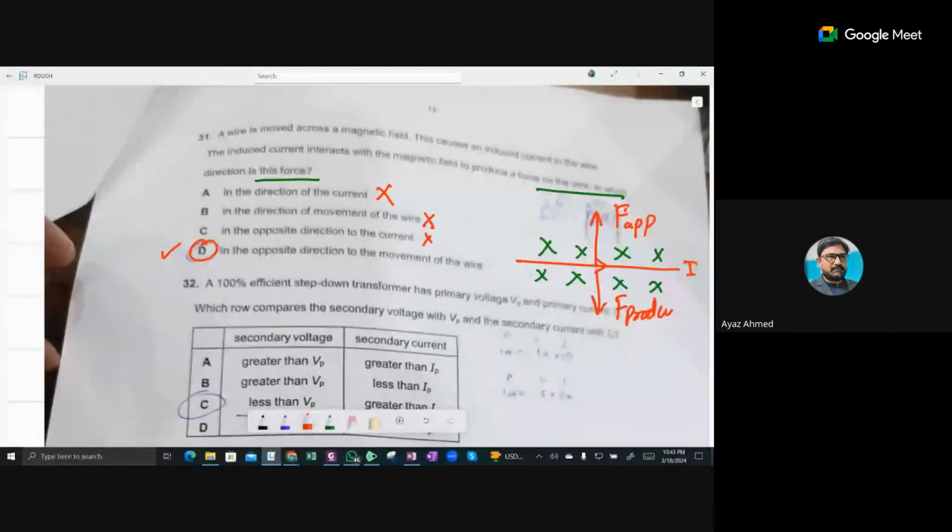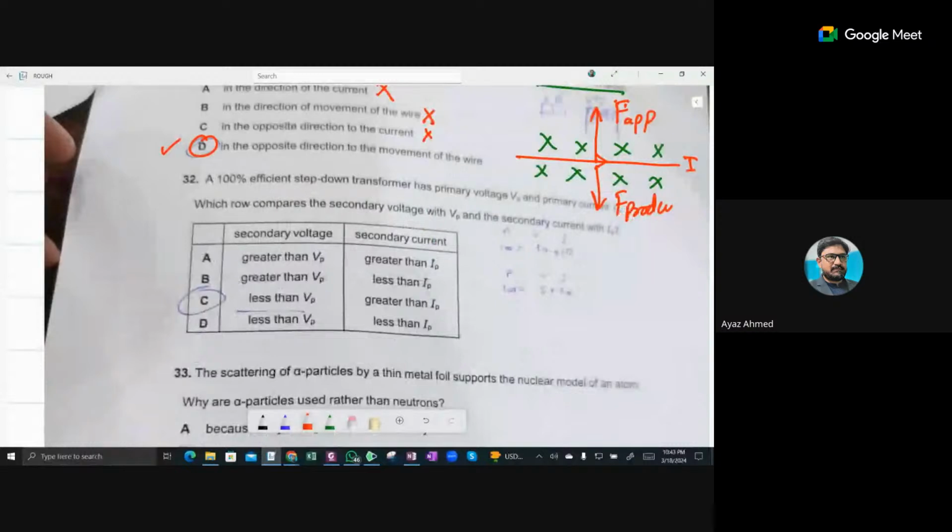This is also a very good question. A 100% efficient transformer has primary voltage Vp and primary current Ip. Which row compares the secondary voltage Vs and secondary current Is? It is step down.